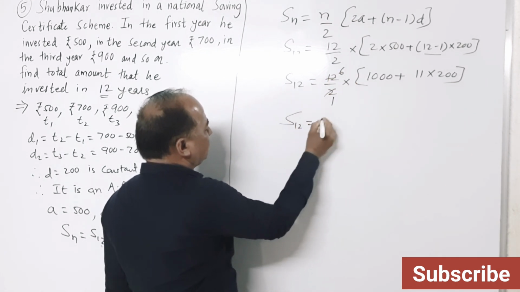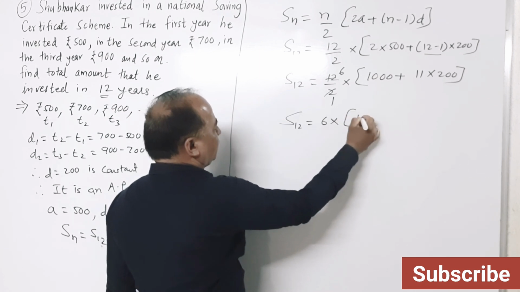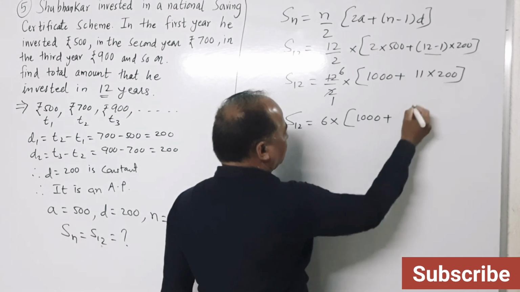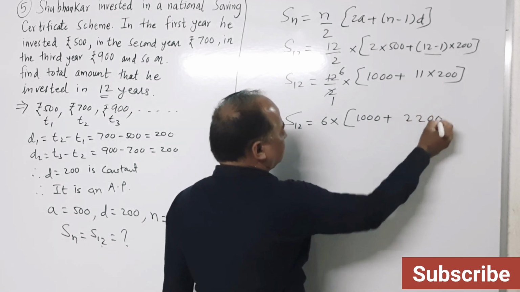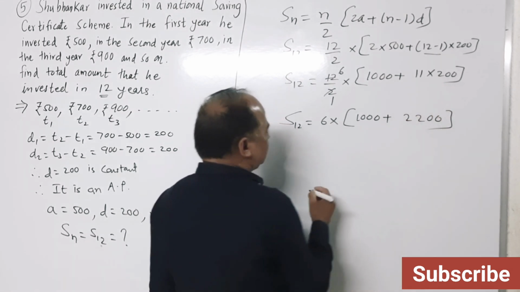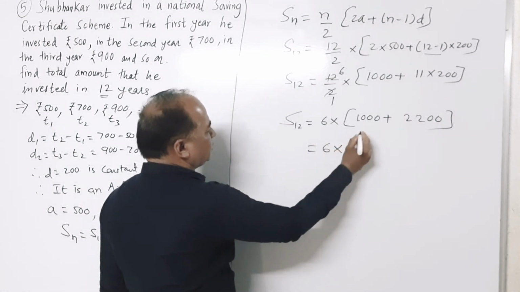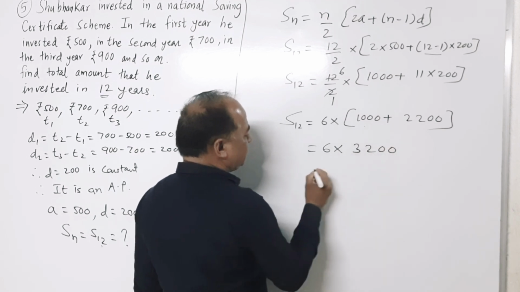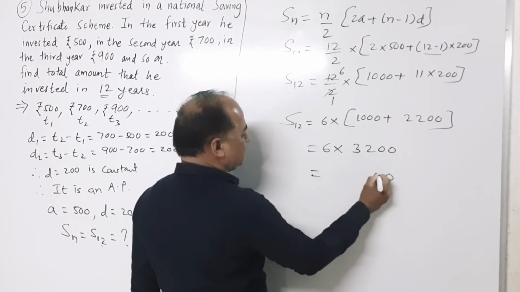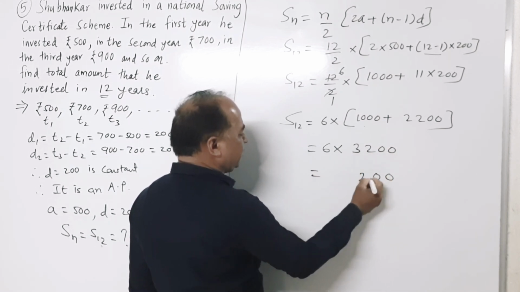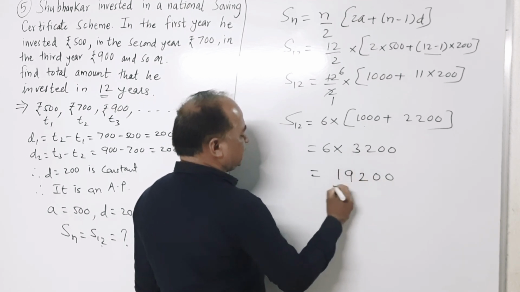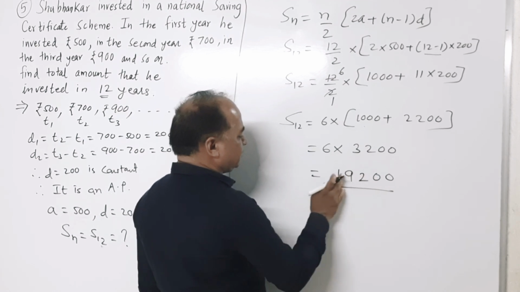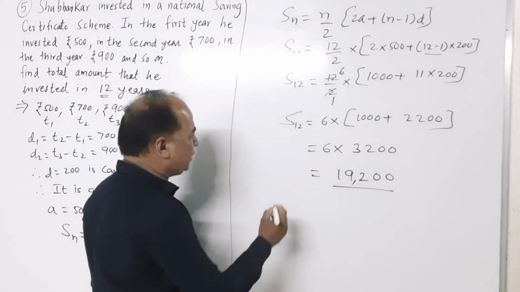So S12 is equal to 6 into 1000 plus 11 into 200, that is 2200, which is equal to 6 into 2200 plus 1000, 3200 into 6. 6 2s are 12, 1 carry 6 is 18, that is rupees 19,200.